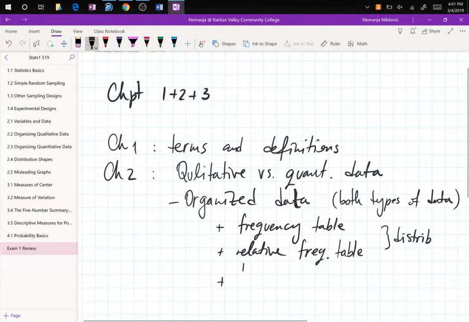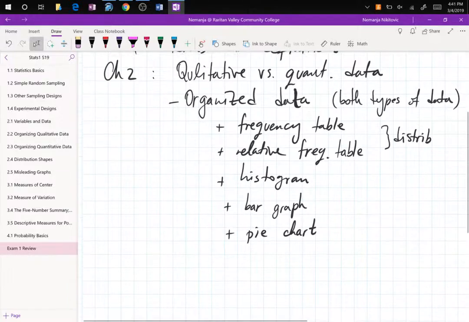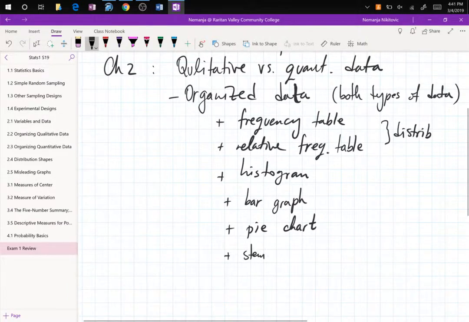And then we have histogram. We have bar graph, pie chart, stem and leaf, dot plot, and they're all very simple and straightforward.